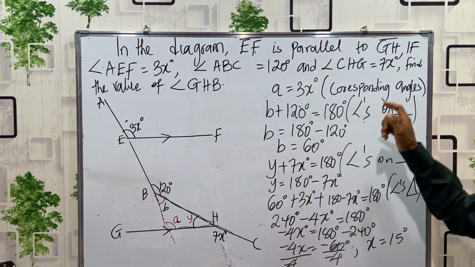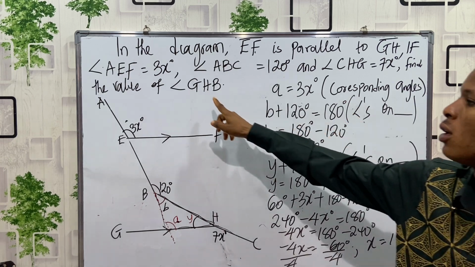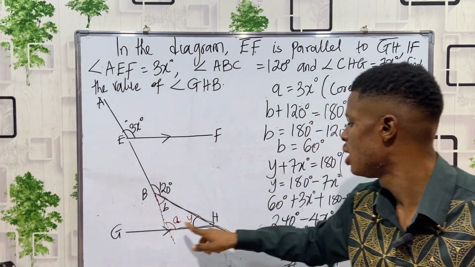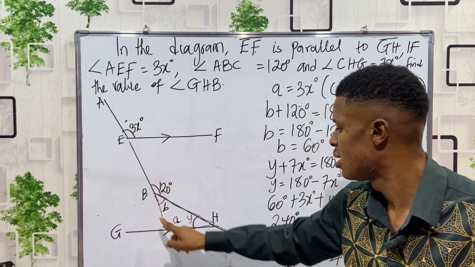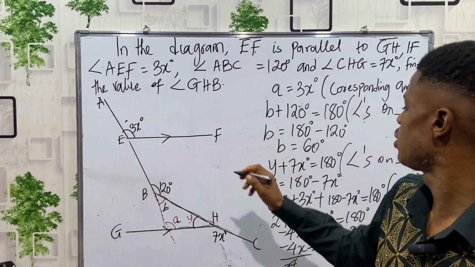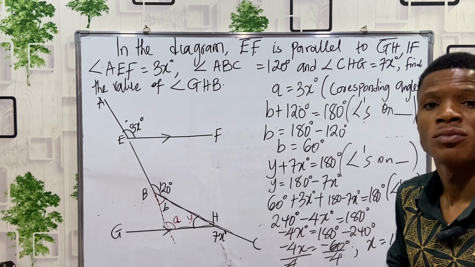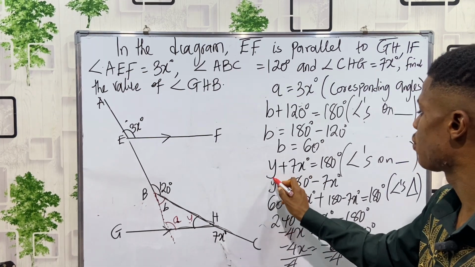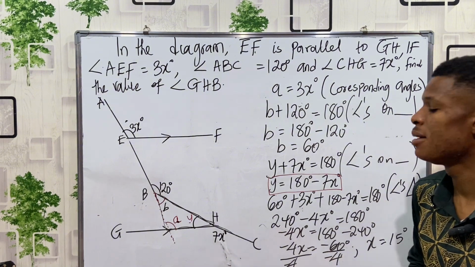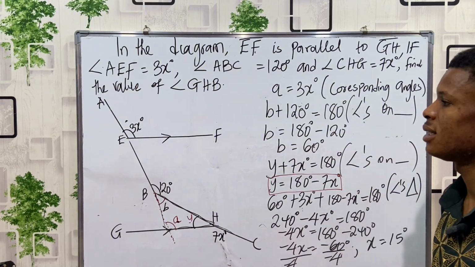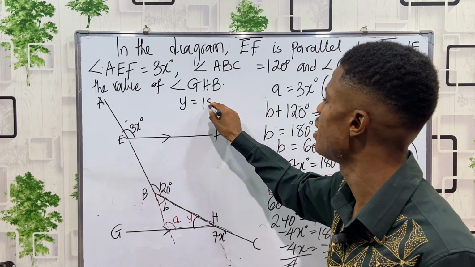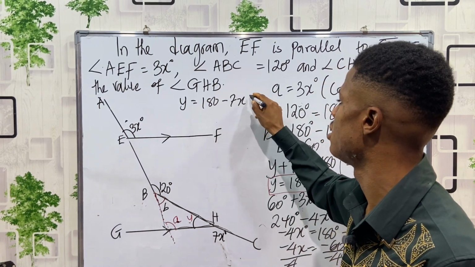But they told us to find the angle GHB. That's the angle at this particular point. Recall that we've gotten that angle Y to be 180 minus 7x degrees.